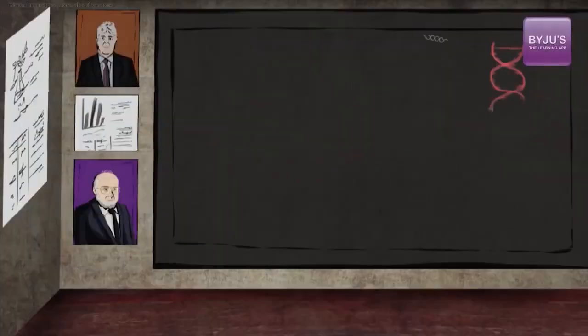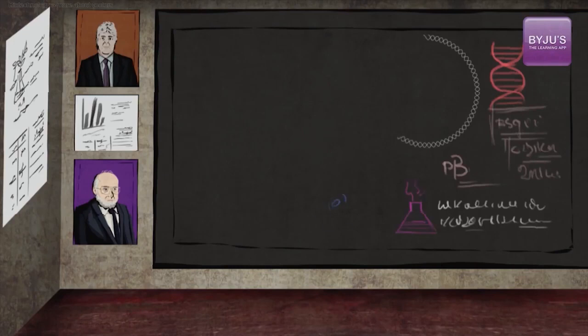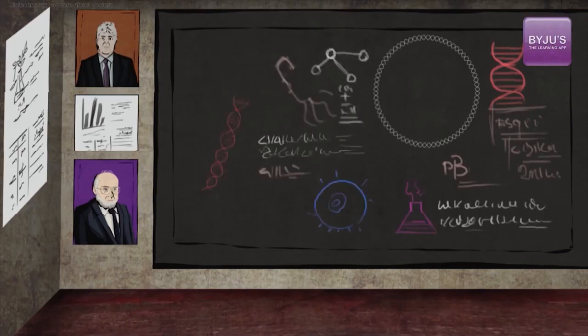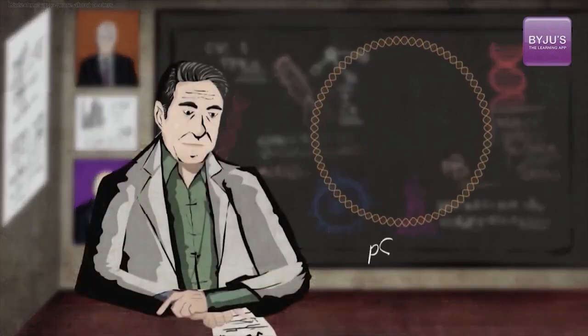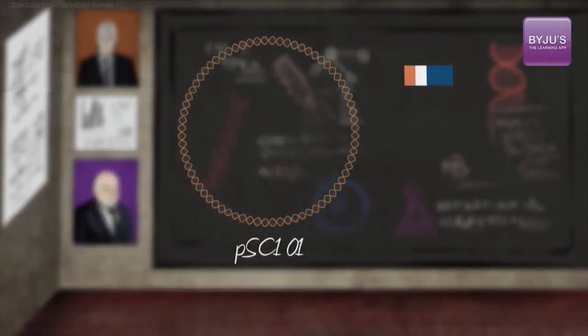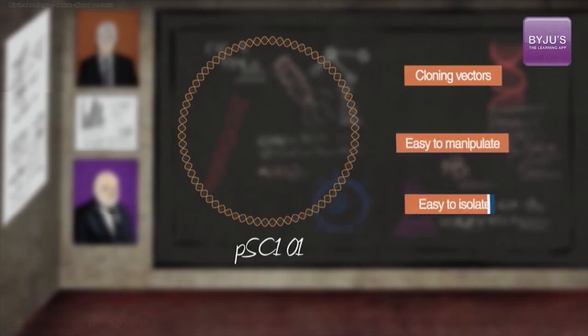The number of different DNA vectors, vector functions, and applications has increased substantially since Stanley Cohen constructed pSC101. Plasmids are still the most commonly used cloning vectors because it is relatively easy to manipulate and isolate plasmids from bacterial cells.